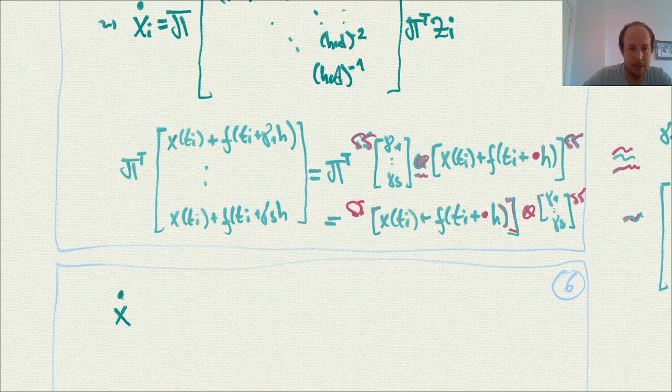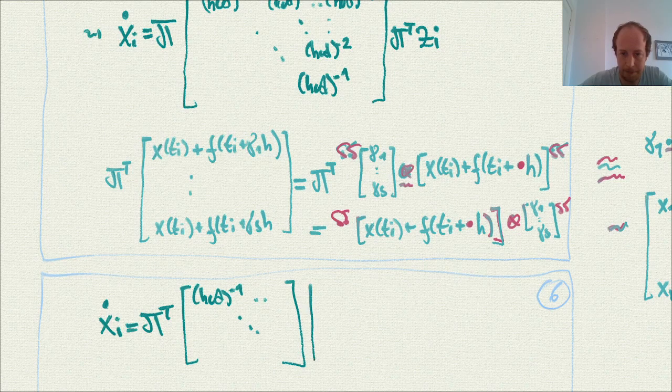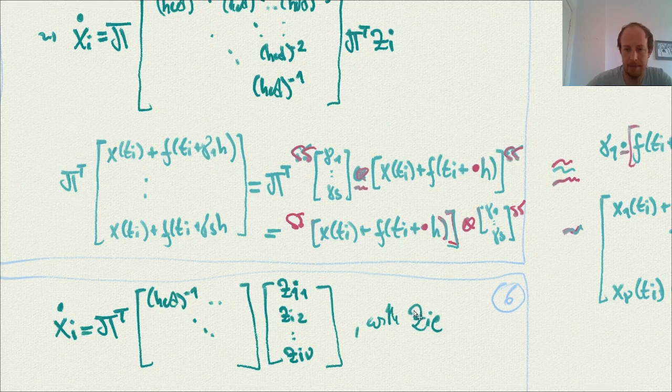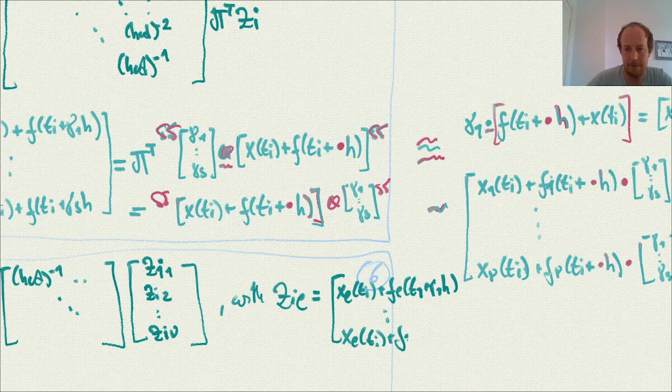Because with that we get X_i that is still, we have this permutation here, this funny matrix, and now here we have these other Z_i1, Z_i2, up to Z_iν, with Z_iL being defined as X_L of t_i plus F_L of t_i plus gamma_1 h up to X_L of t_i plus F_L of t_i plus gamma_s h.